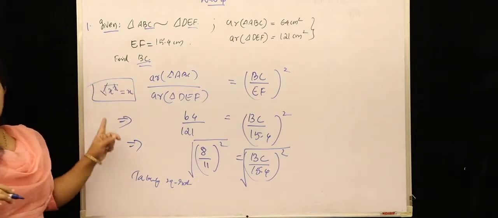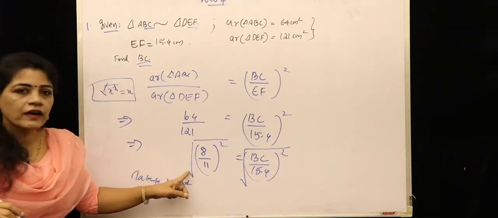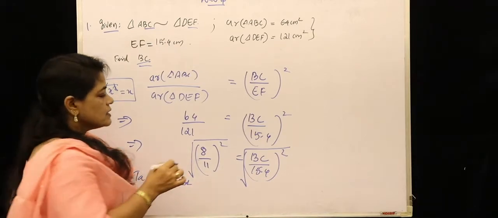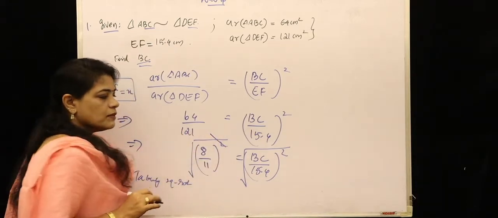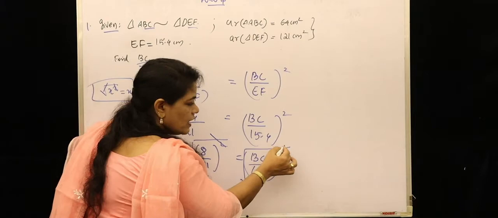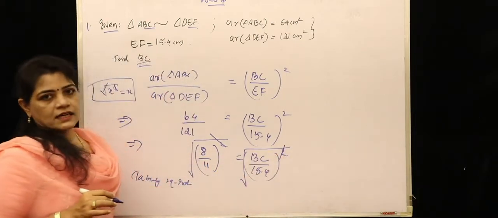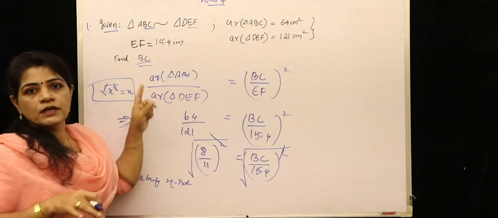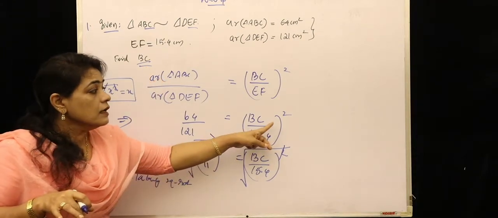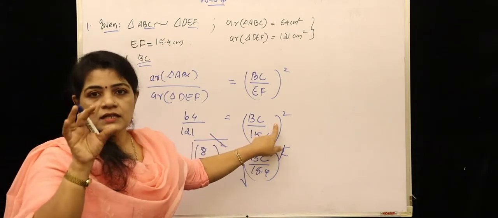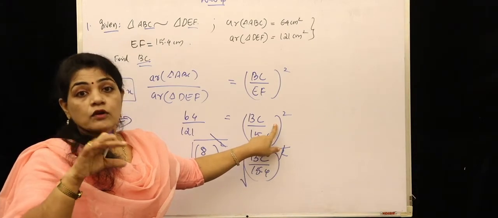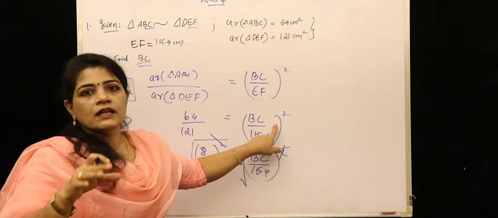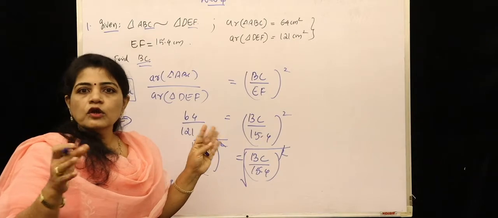We are applying this result in order to simplify. This square root and square symbol get cancelled. In the same way, this square root and square get cancelled. Because we need BC, the answer in terms of BC, but here we have BC in terms of square. So in order to avoid that, I am taking the square root on both sides.